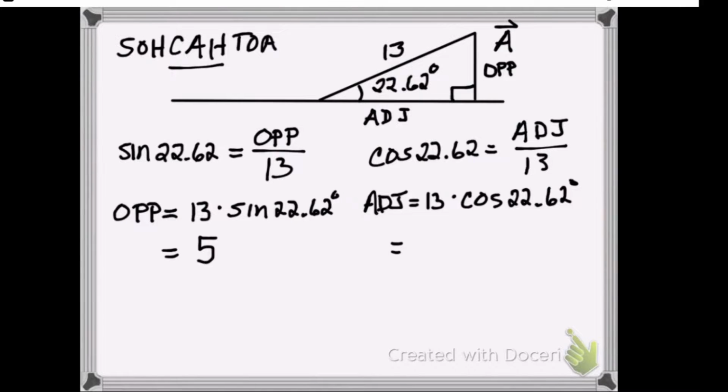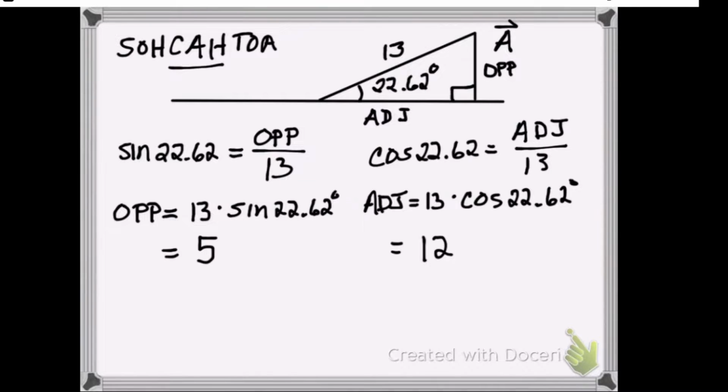And we'll multiply this out on the calculator again. We have 13 multiplied by the cosine this time of 22.62 degrees. And that turned out to be 11.99998821. We can round that off to 12. So there we just figured out the components.